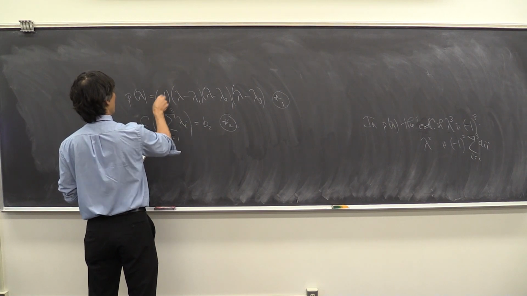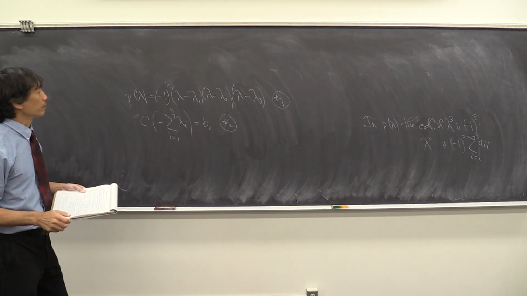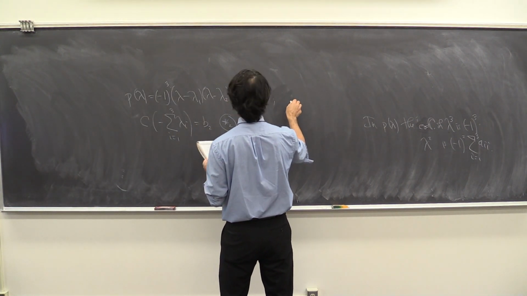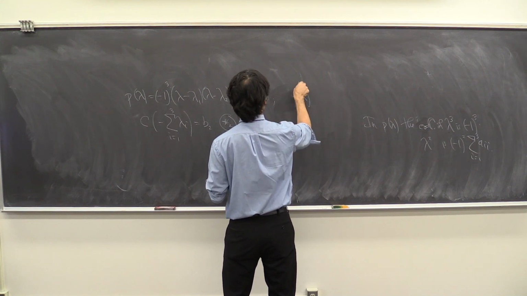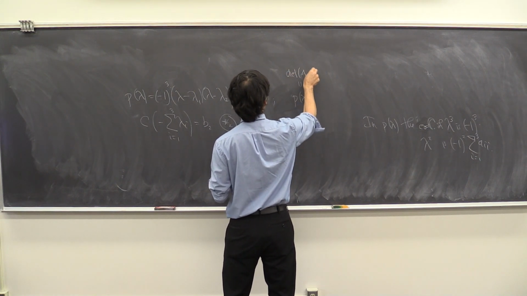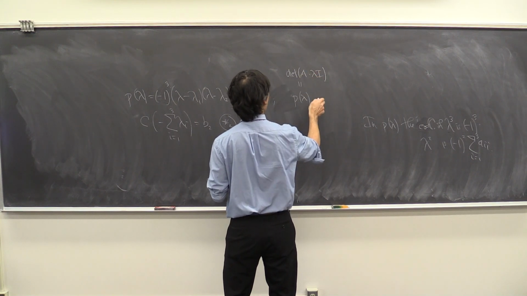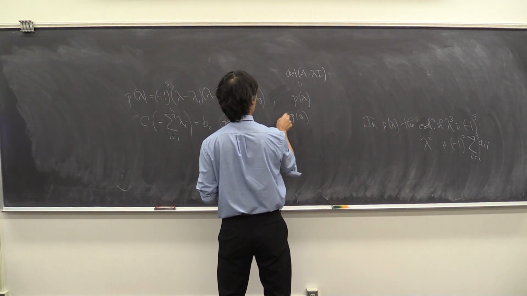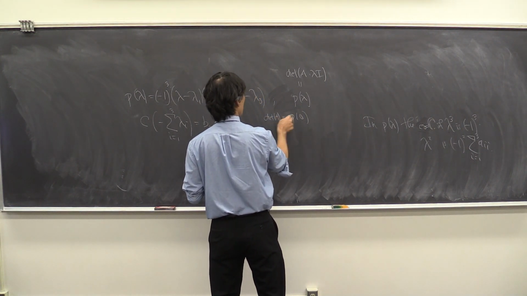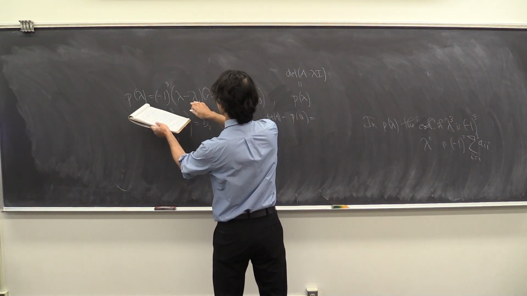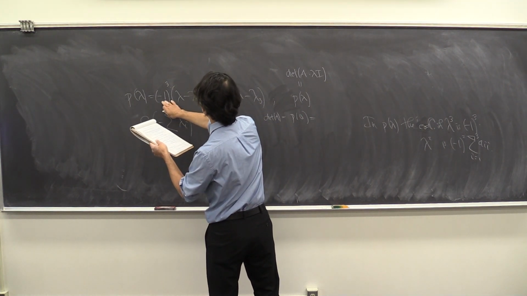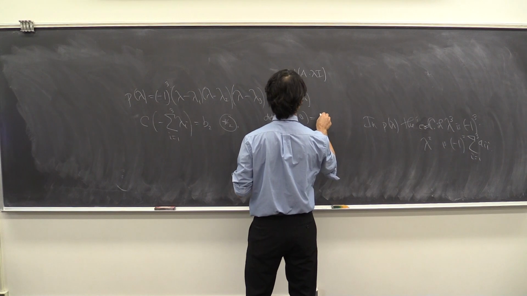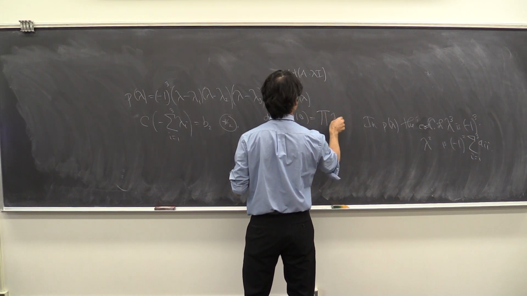We get a -1 cubed here, and like I just said, P of lambda is the determinant of A minus lambda I. So P of 0 is the determinant of A, which is negative 1 cubed times negative 1 cubed times the product of the lambdas. So we just get the product of the lambdas.